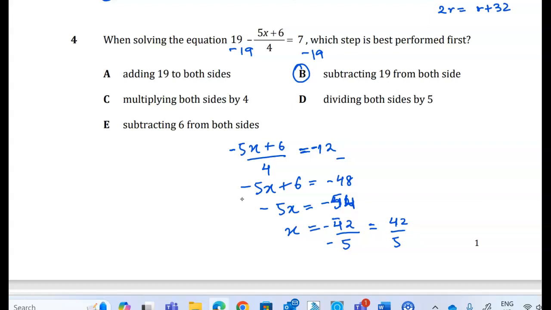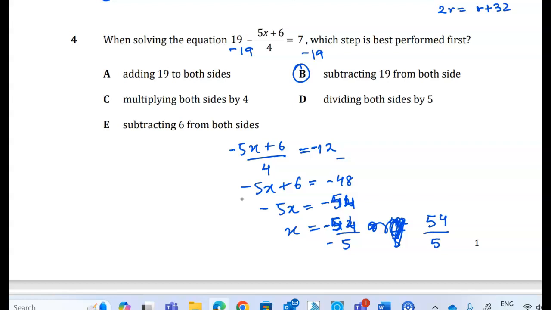Yes, and minus 54 divided by minus 5 is not this, but okay, just solve this.